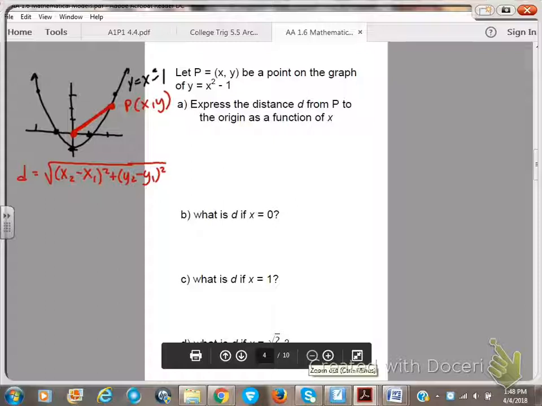They're asking us to express the distance as a function, and if you're being asked to write a function, you're being asked to write an equation out. So it's not going to be a set number the way it was with the bell work. It's going to look like a big, long, hairy equation.